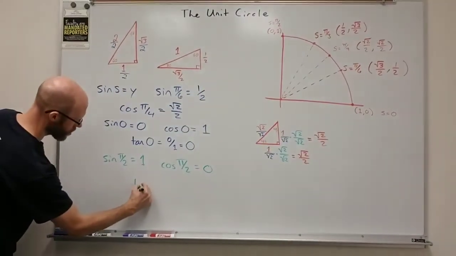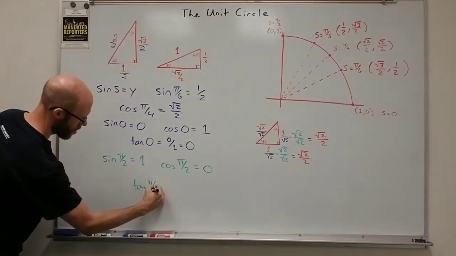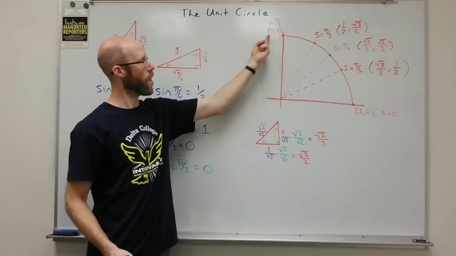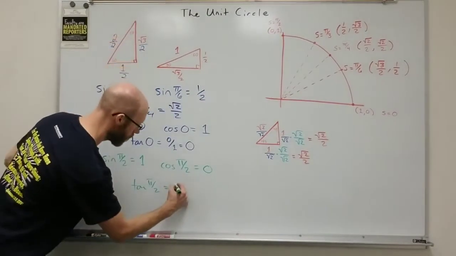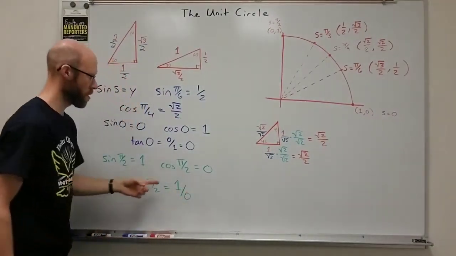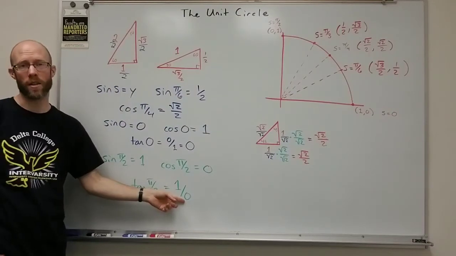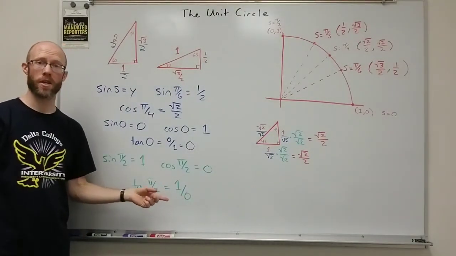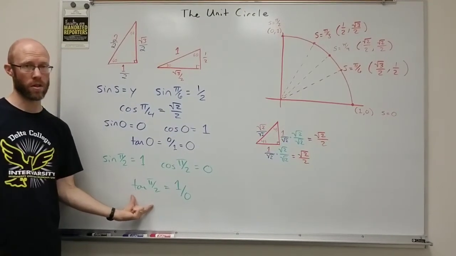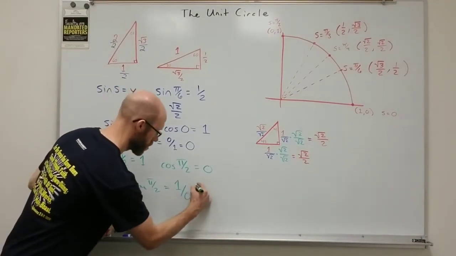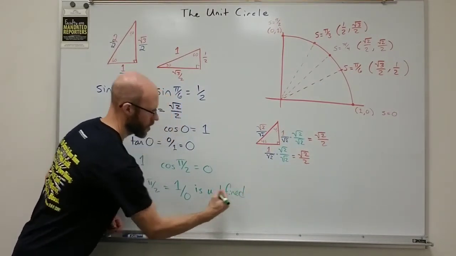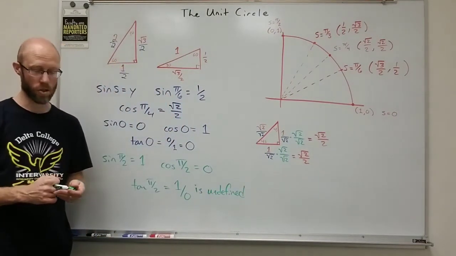And the tangent of pi over 2 is the ratio of y over x, so it's 1 over 0. Well, remember, anything divided by 0 is undefined. So this isn't actually a value, it's undefined. There is no tangent of pi over 2.